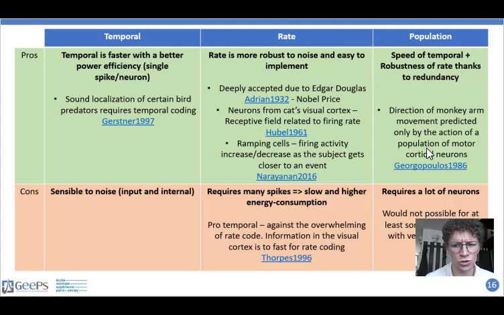Georgopoulos in 1986 argues that the direction of the monkey's arm can be predicted only by the action of a population of motor cortical neurons and not by a single neuron. But a contradictory argument would be that some insects have far too few neurons to use a population code.